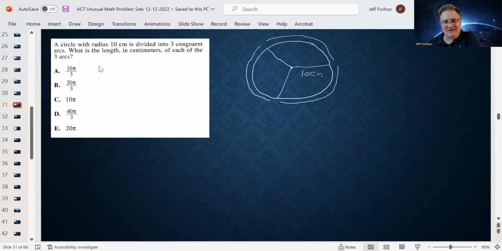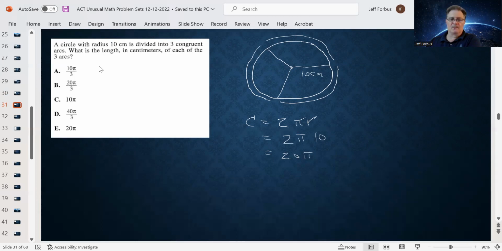Well, those arc lengths, what are they related to on the circle, the circumference? So circumference is equal to 2 pi r. We know that the radius is 10. So we know the circumference of the circle is 10 times 2, 20 pi. So we know the entire circumference of the circle is 20 pi.